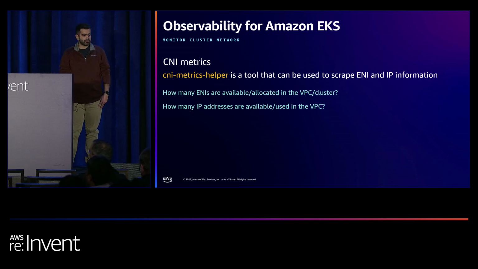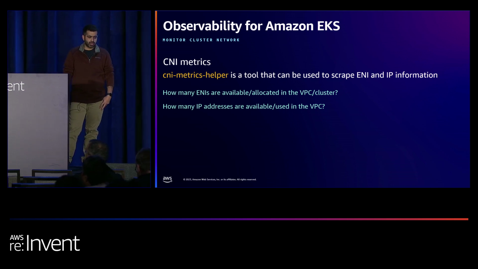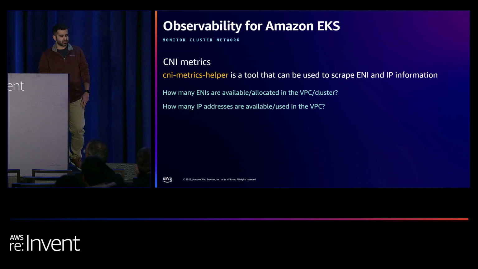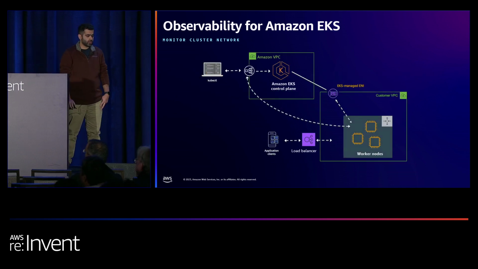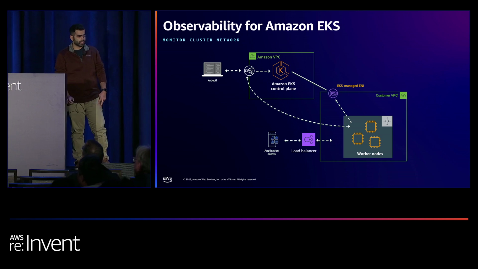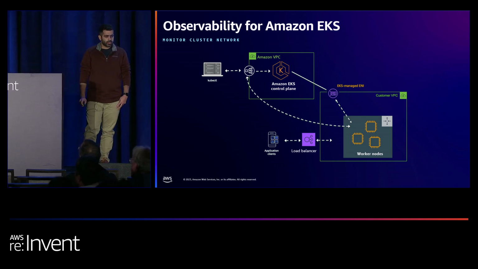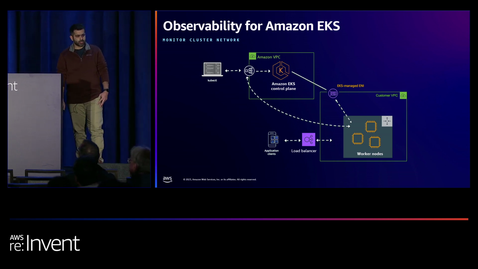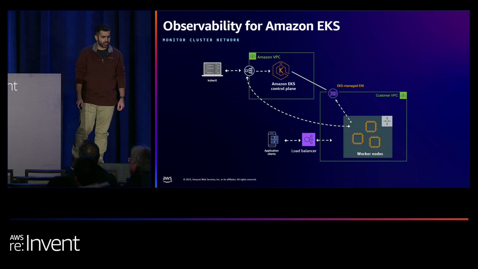Let's see why monitoring the ENI and the IP usage for the subnet used for the clusters becomes very critical. As we saw in an earlier slide about the EKS architecture, the communication between the customer VPC and the control plane is also established through an EKS managed ENI.